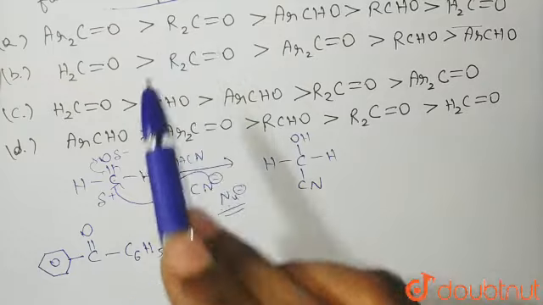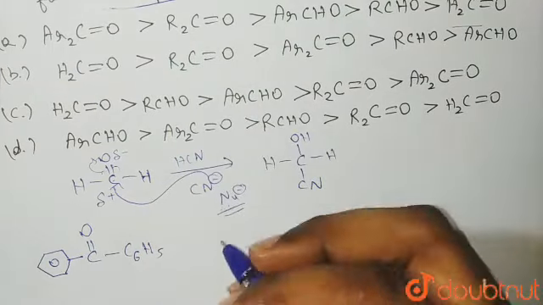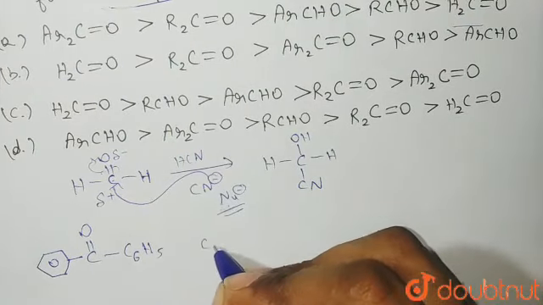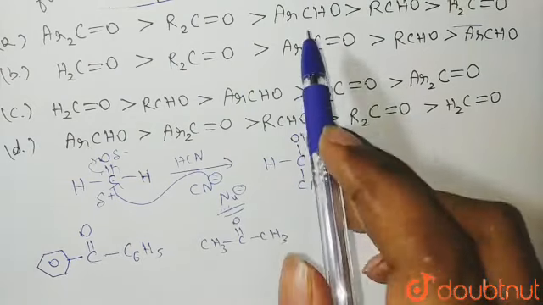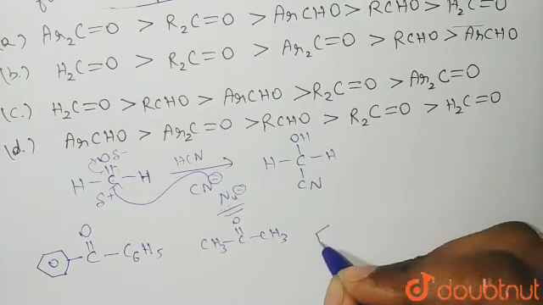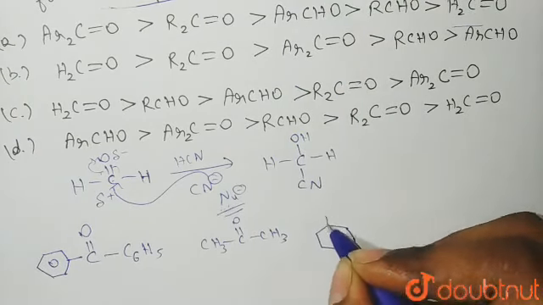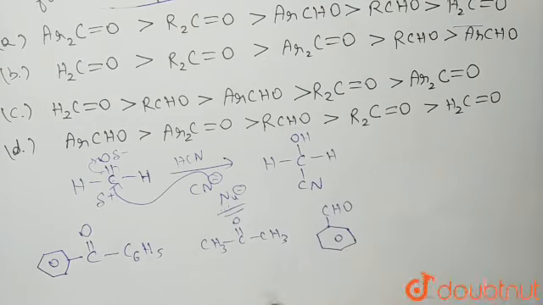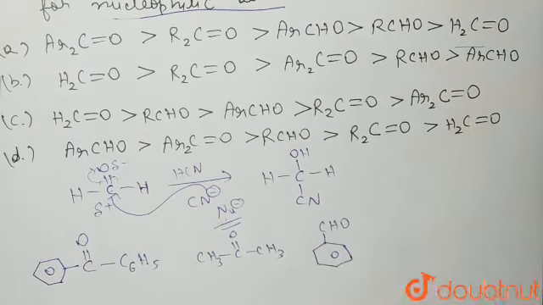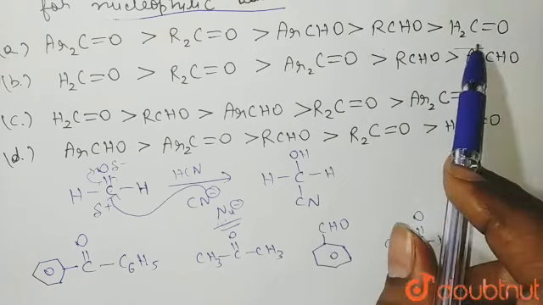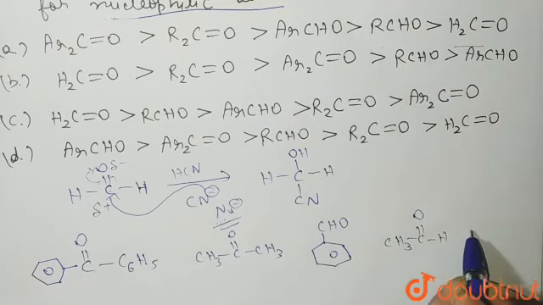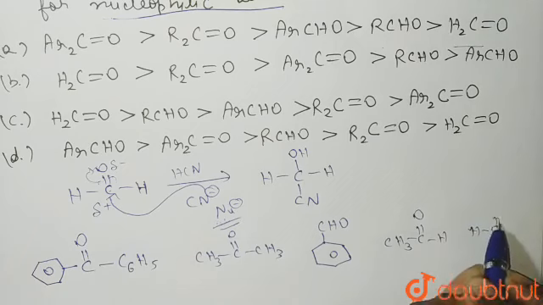Next is R2CO, let's take acetone, CH3, C double bond O, CH3. ArCHO, let's take benzaldehyde, where the Ar group is C6H5 and this is CHO. RCHO, let's take acetaldehyde, CH3CHO. And H2CO is formaldehyde, that is H, C double bond O, H.